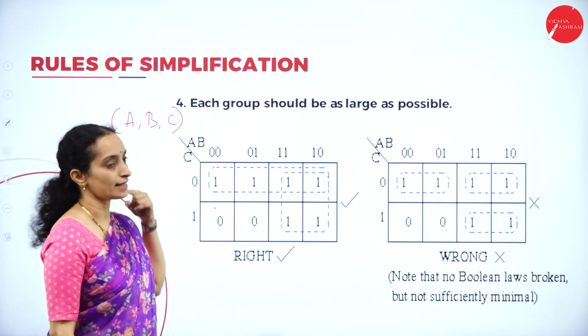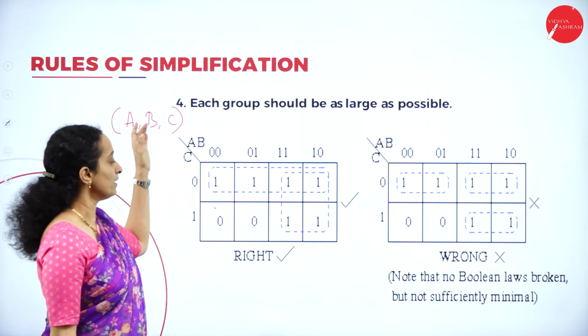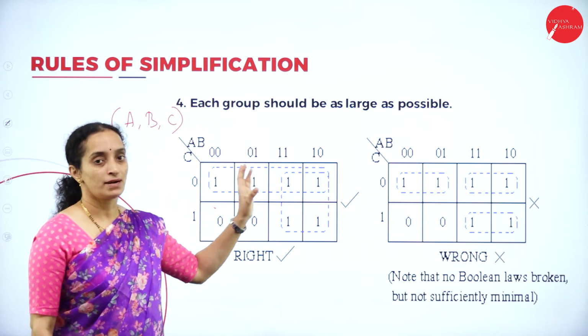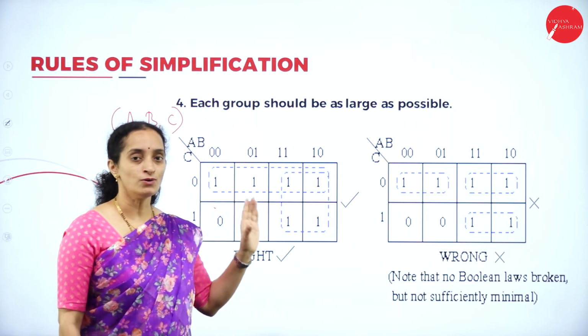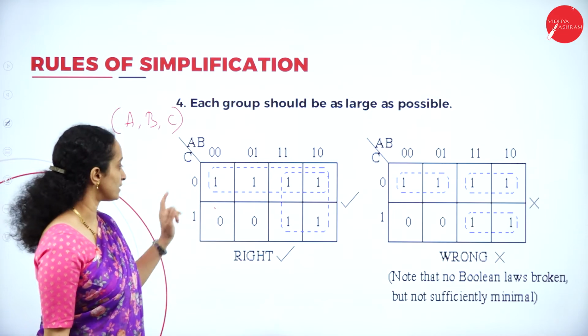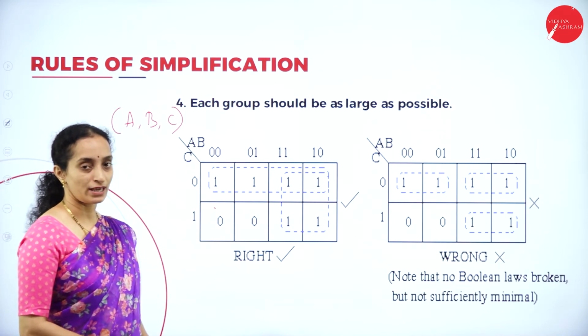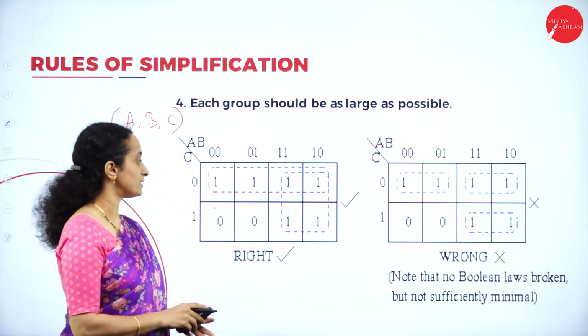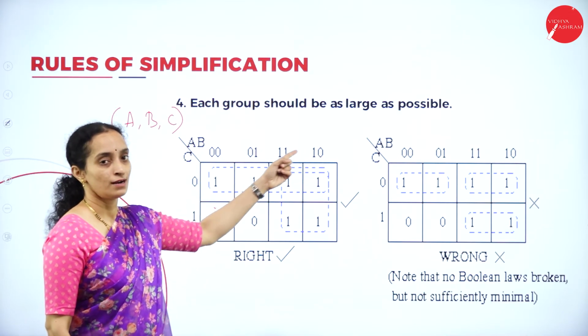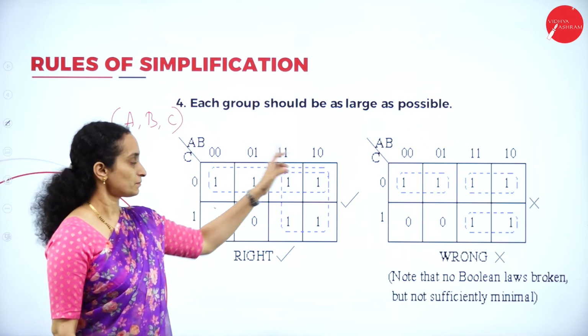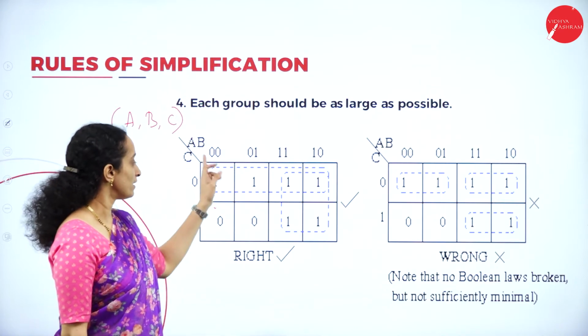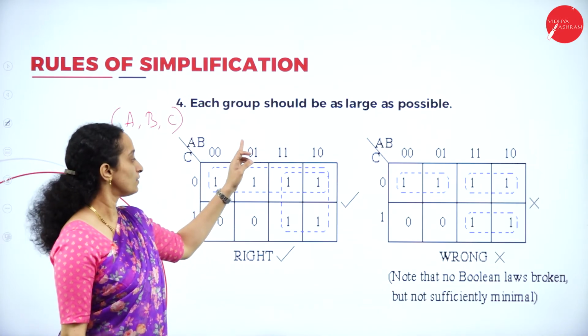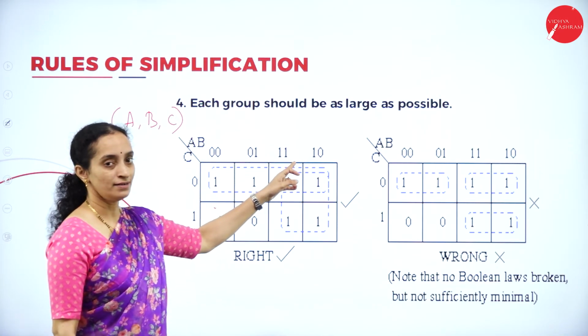You can take it like that also, but AB, comma C will be much more comfortable to perform the calculation. Here we have the representation of AB. When you have 2 variables, you can have 4 different combinations. Okay, here we have 0 0, 0 1, 1 1.